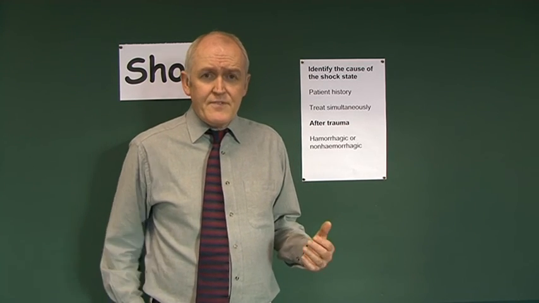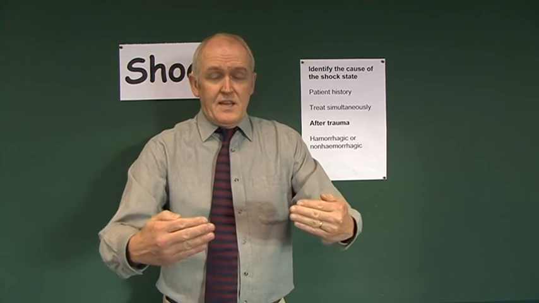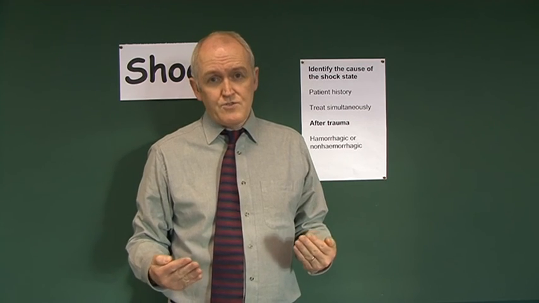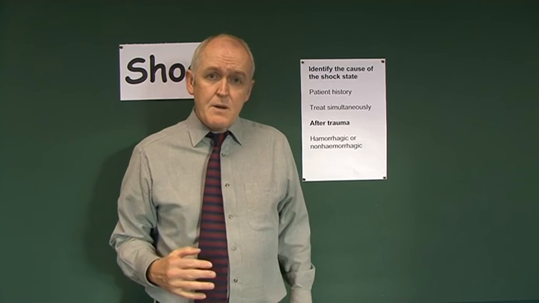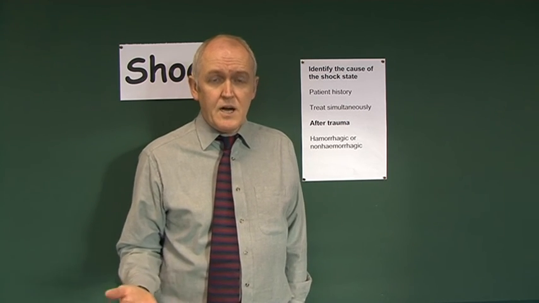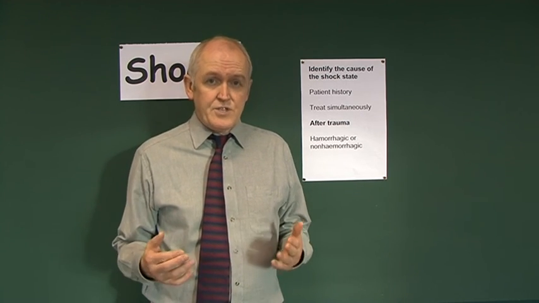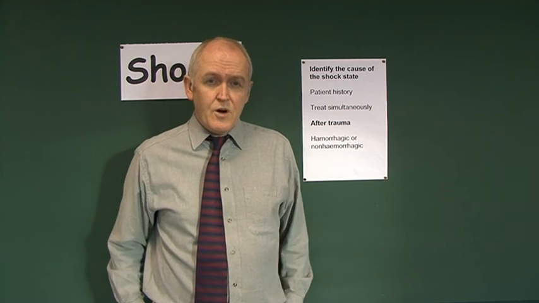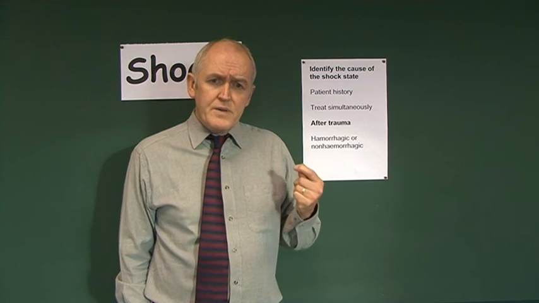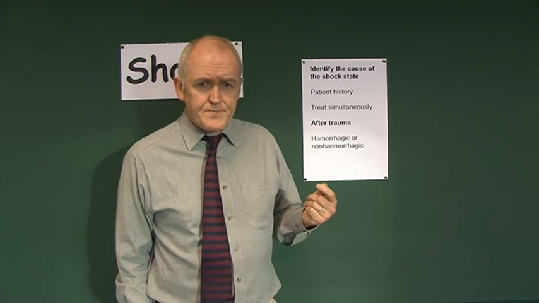So, for example, after a deceleration injury, like after a fall or in a road traffic accident where someone has decelerated very quickly, there can be blunt damage to the myocardium, leading to a reduction in myocardial contractility and a form of cardiogenic shock. It's after trauma, but it's not a hemorrhagic shock.